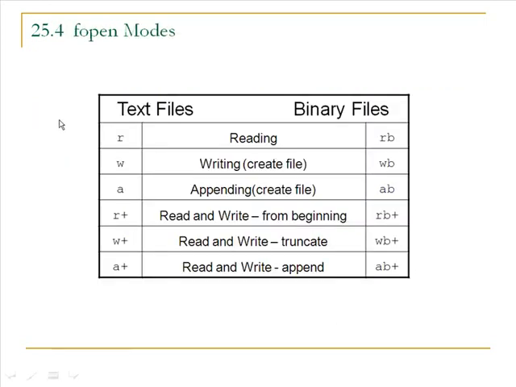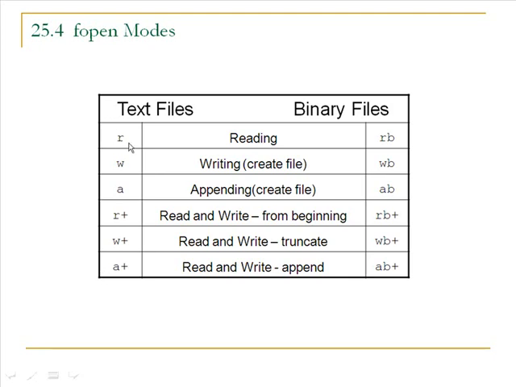Okay, so what are all of the possible modes that you can fopen a file? If you're opening text files, you use one of these modes, and if you're opening binary files, you're going to use one of these modes. And these are the possible combinations.